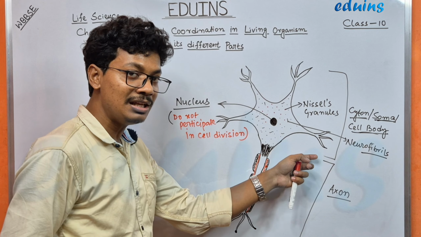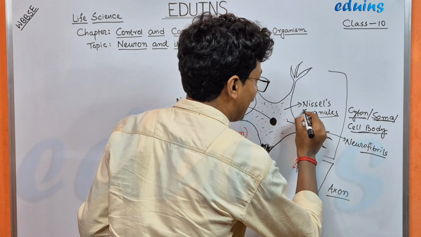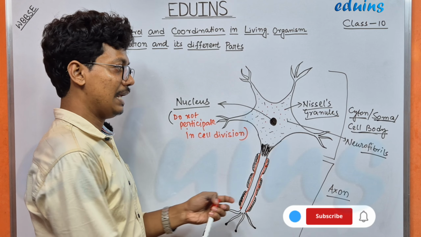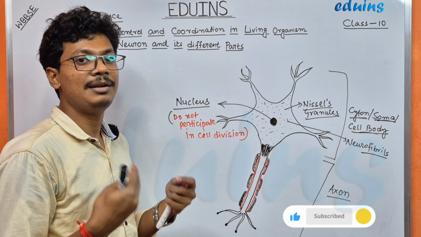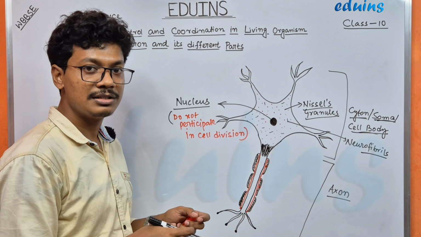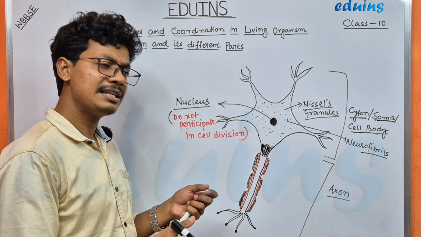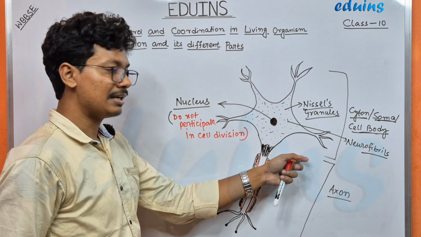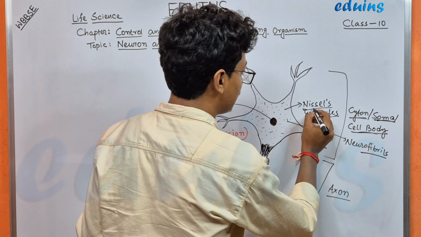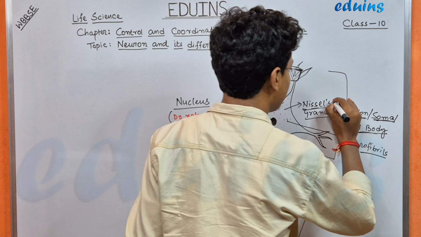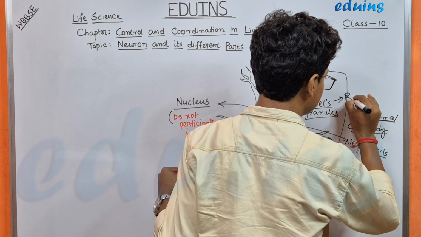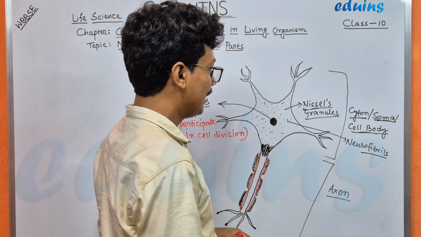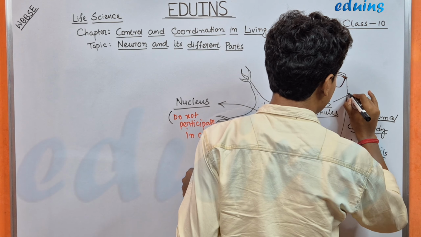These are the special characteristics of a neuron. Normally a cell contains mitochondria, cytoplasm, ribosomes, lysosomes, etc. They are present in the cell, but in the case of a nerve cell, these are the special features of it: the ribonucleoprotein.